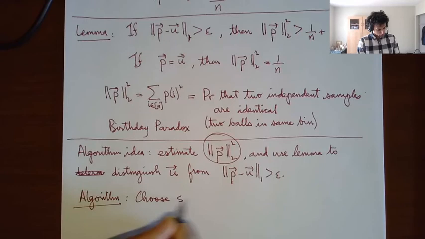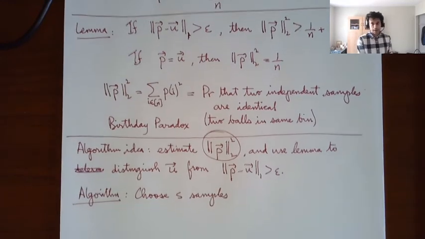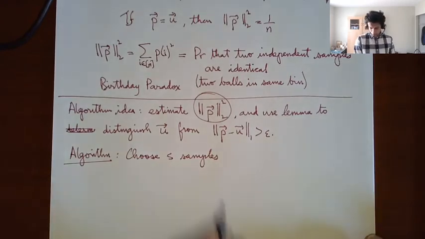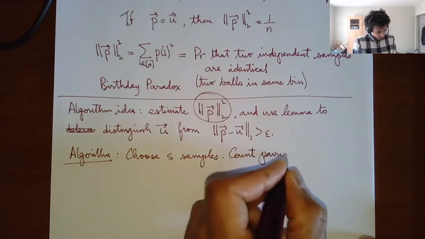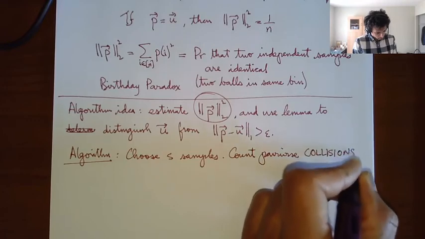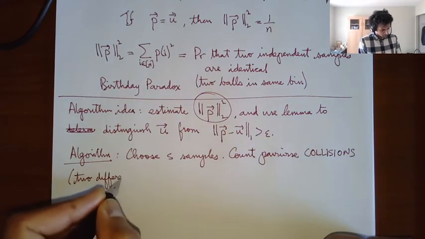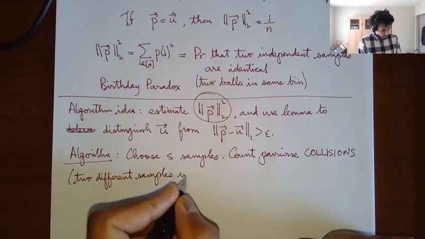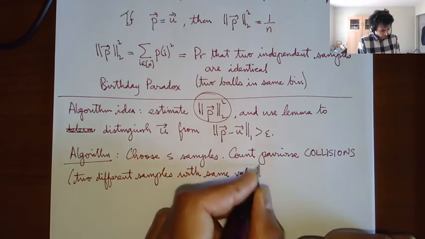Now let me tell you the algorithm. Choose S samples. I'll tell you how to set S shortly. Count pairwise collisions. What is a pairwise collision? Two different samples with the same value.